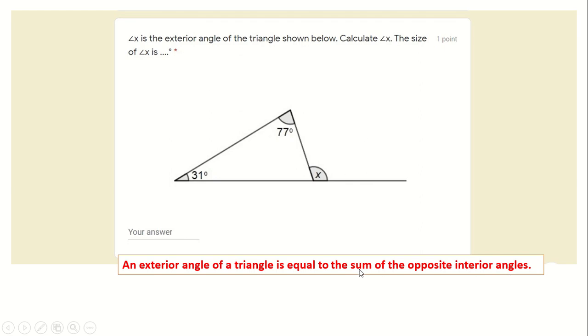Sum means plus. This is the interior angle of a triangle. The opposite is the one opposite of X, so this is the opposite of X. So we just need to add 31 degrees plus 77 degrees to get 108 degrees. So angle X is 108 degrees.